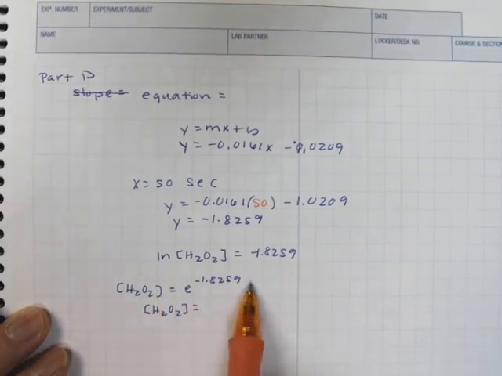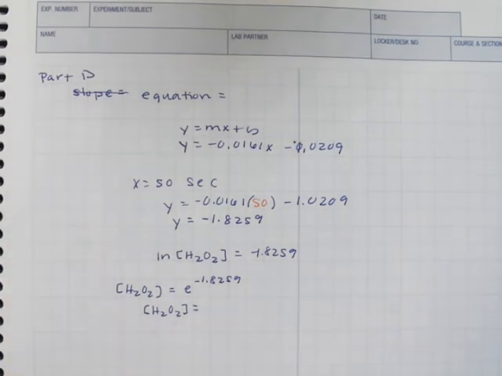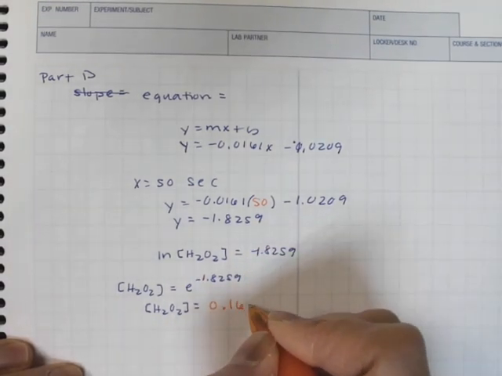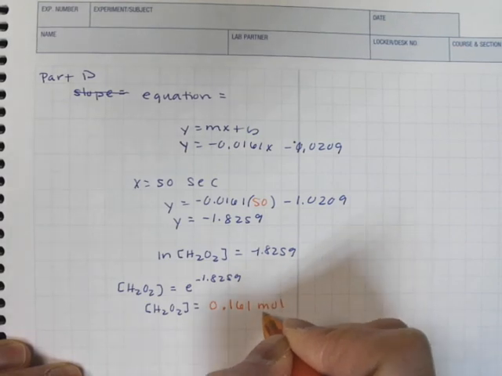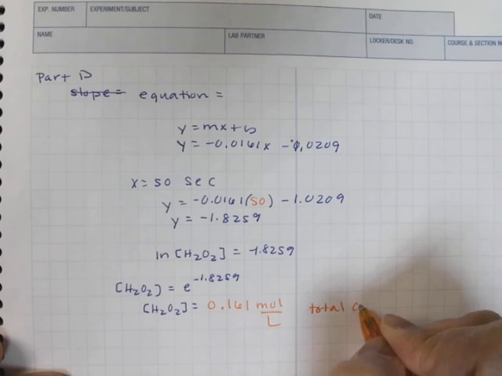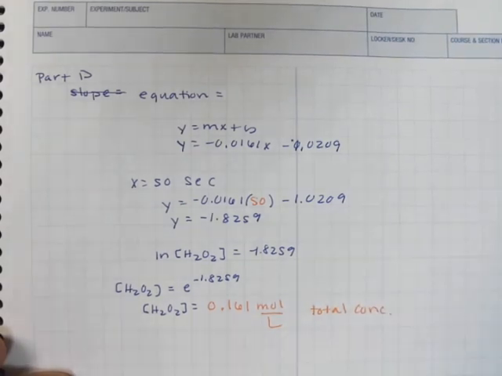And then if you take e to each of those sides, the concentration of H2O2 is 0.161 moles per liter. So this is the total concentration of H2O2.